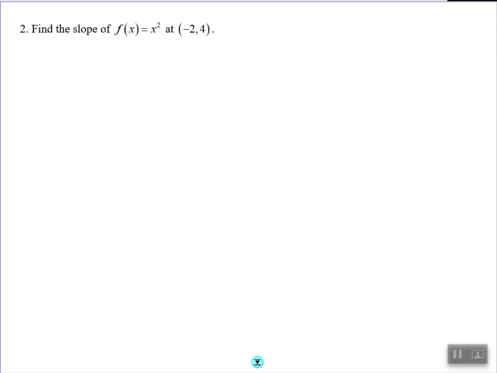So I'm going to start the same way that I started the previous problem, by finding the limit as h approaches 0 of the difference quotient. So I'm going to have the limit as h approaches 0 of f of x plus h minus f of x divided by h.